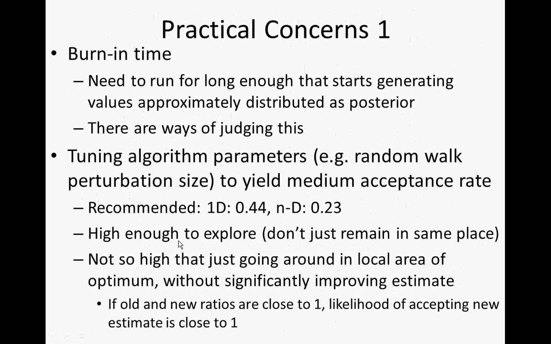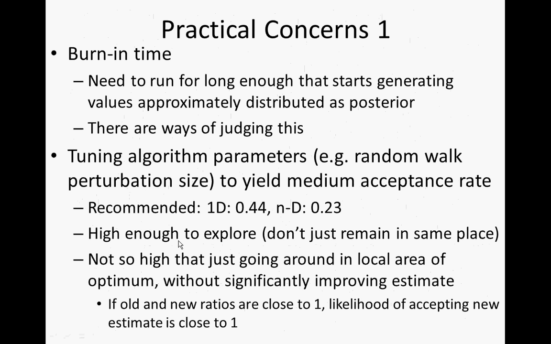If you look at the book Bayesian Data Analysis by Gelman et al., you'll find discussion of, for example, ways to assess convergence of the algorithm. Burn-in time is one of the choices we have associated with how long we're going to run the algorithm.